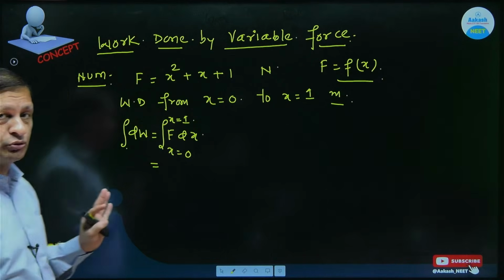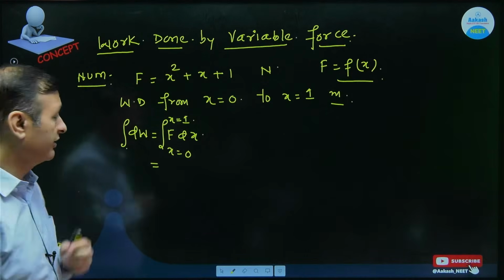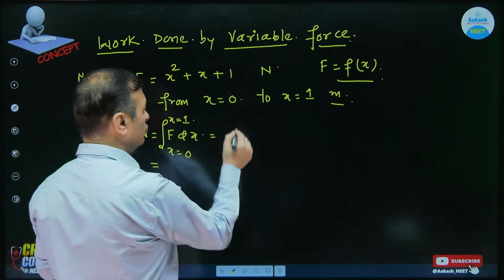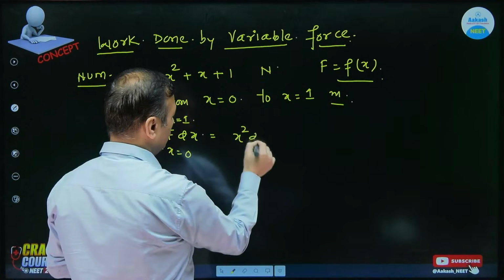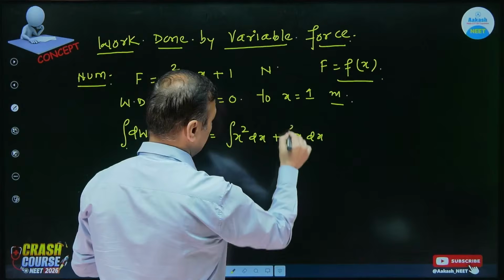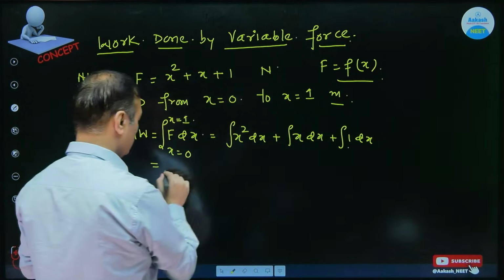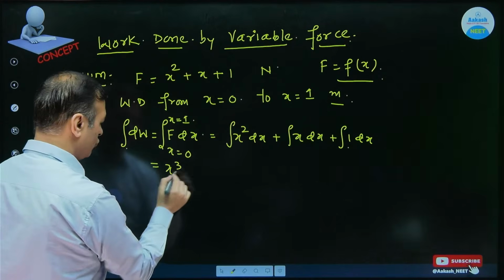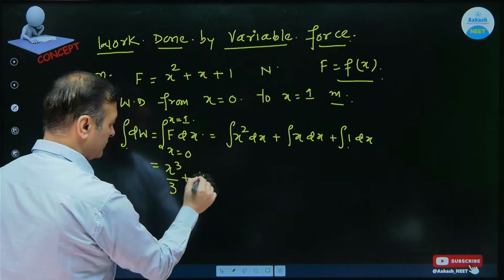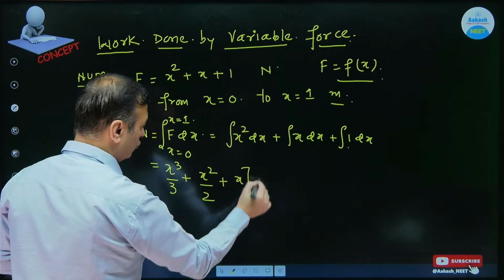Here we have learned the concept: if the force involved is a variable force, then we have to go by the integral method. So let's put the values. x square dx plus x dx plus 1 dx. Got it? So that gives you x cube by 3 plus x square by 2 plus x. Now we have to put the limits.